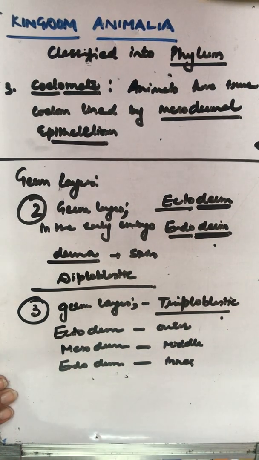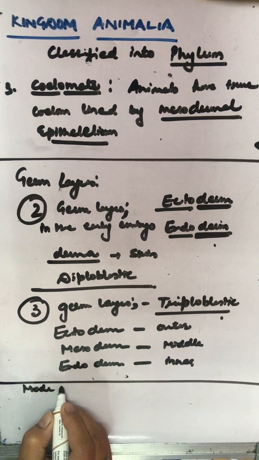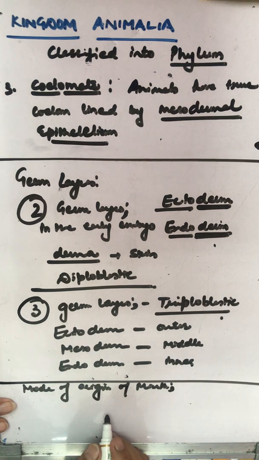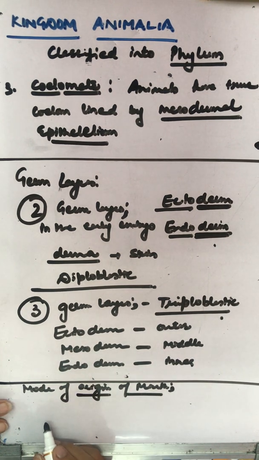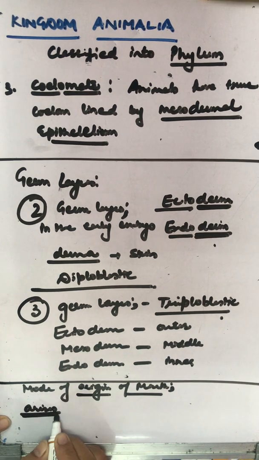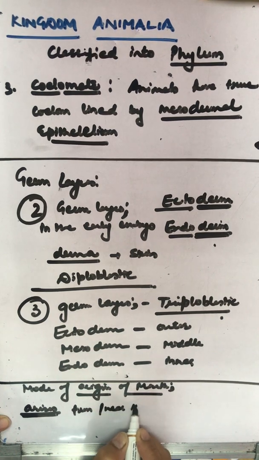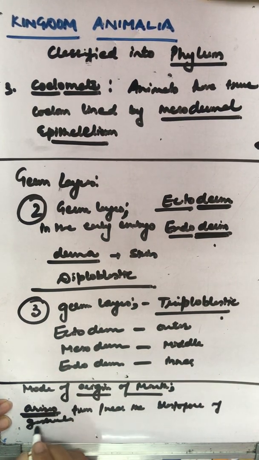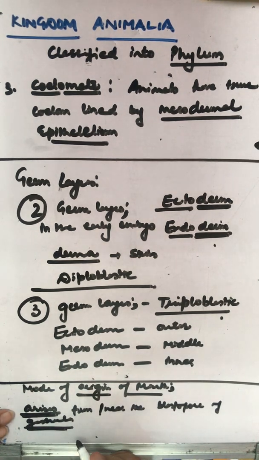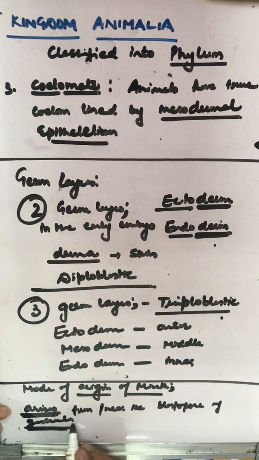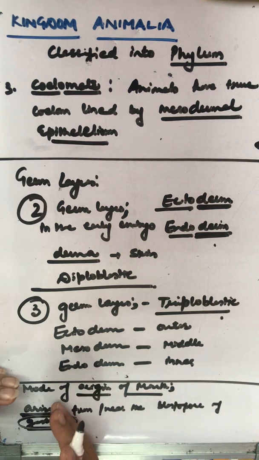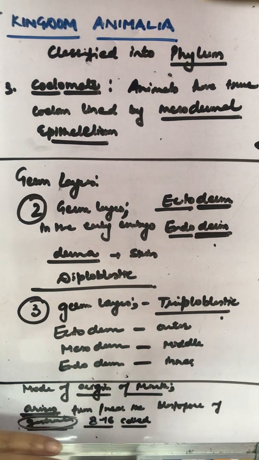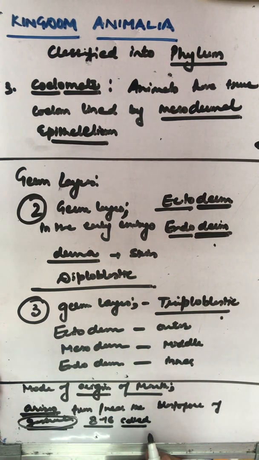Then is the mode of origin of mouth, as I told you. Here animals belong to 2 categories on the basis of the origin of mouth. If the mouth arises from or near the blastopore of the gastrula, now these terms are very heavy words for you, as you have never heard what a gastrula is. Actually, whenever the embryo transforms into a few cell stage, 8 to 16 cell stage, we give names to it, gastrula, morula, and so on, and it gets embedded in the uterine lining.